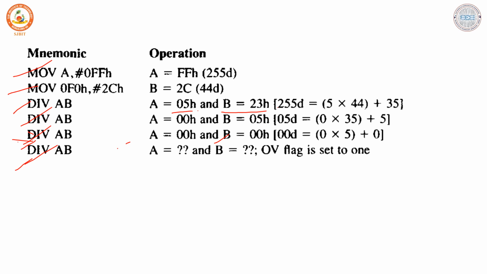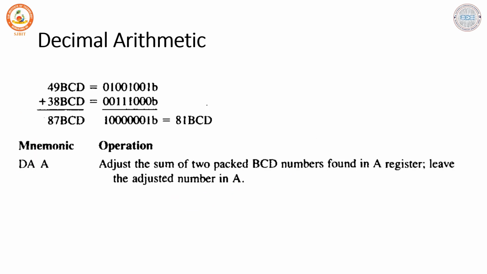So if the B register has 00H before the division, the contents of A and B are undefined after the division, and immediately the overflow flag will be set to 1, and the carry flag is cleared to 0 after the division. So this is how it works with the division operation using the 8051 microcontroller.